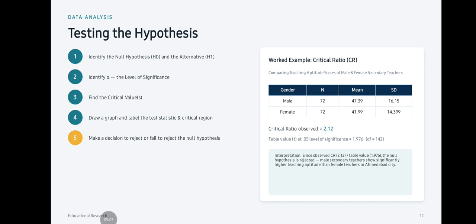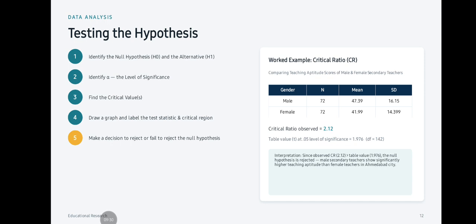Next we'll go through testing the hypothesis. So first is identify the null hypothesis and the alternative. Second, identify alpha, the level of significance. Third, find the critical values. Fourth, draw a graph and label the test statistic and critical region. Fifth, make a decision to reject or fail to reject the null hypothesis.